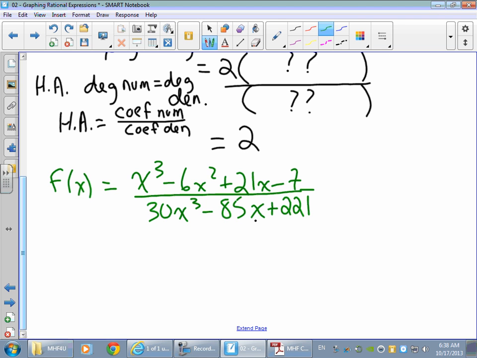If I had something like this, for my horizontal asymptote, all I'm really interested in is the top degree of each of the top and bottom. In the numerator, it's x cubed. In the denominator, it's x cubed. They are the same, and so my horizontal asymptote will be the line y equals 1/30 in this case.